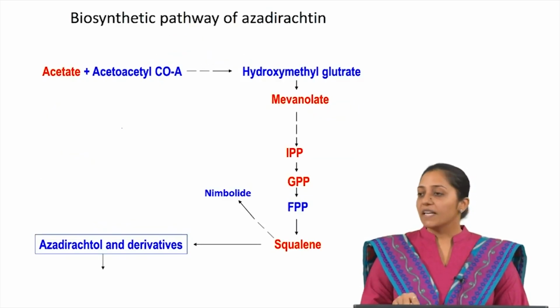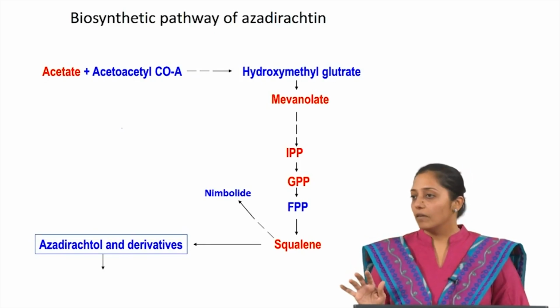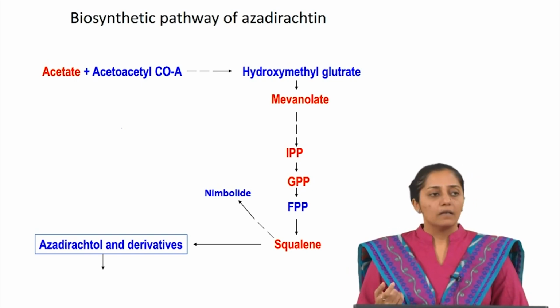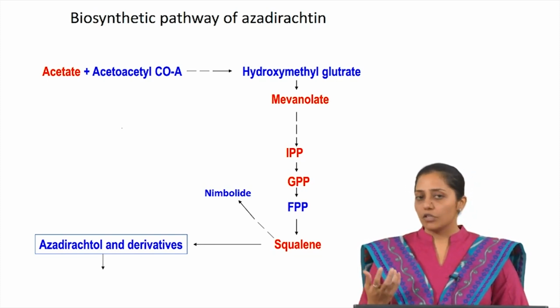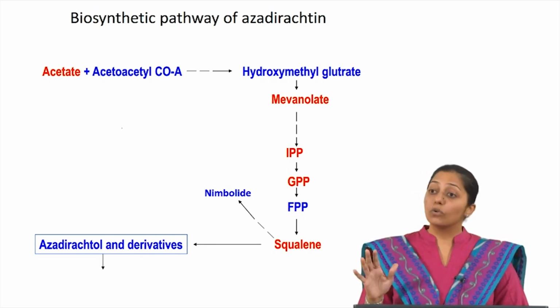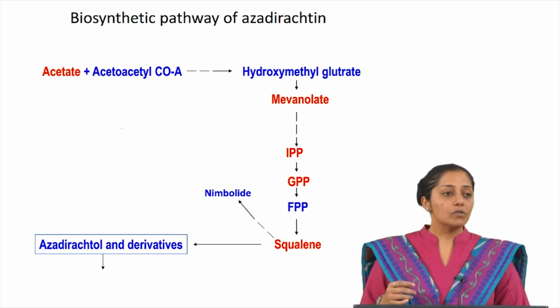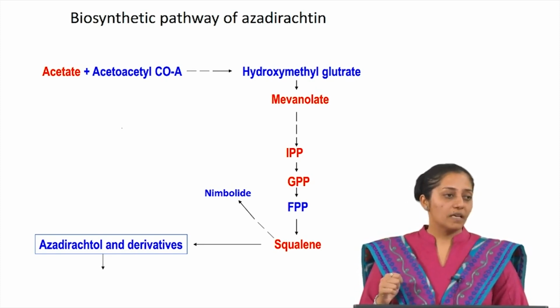Now, acetate, sodium acetate salt, if you provide it in large amounts or concentrations, these are also known as elicitors in literature. You will find that they are also stress enhancing compounds to the cell.